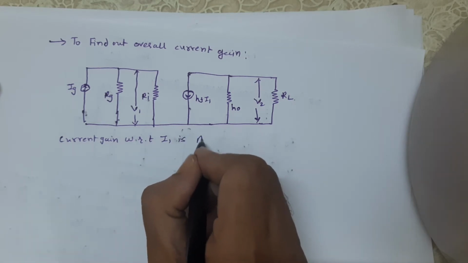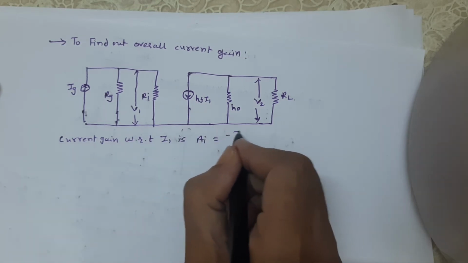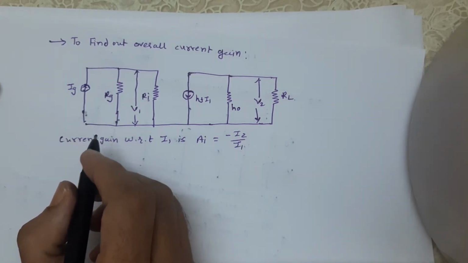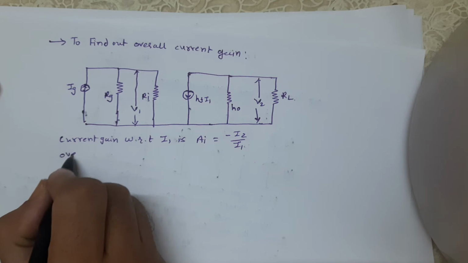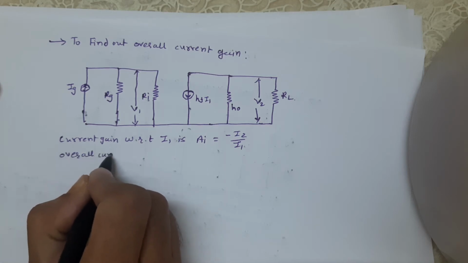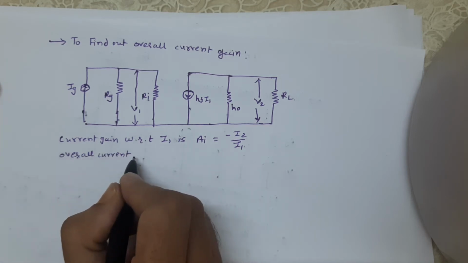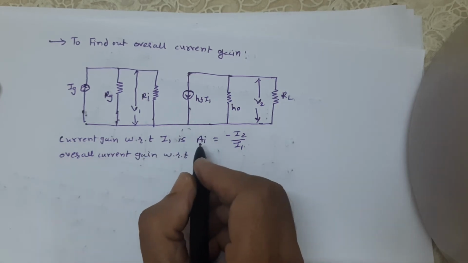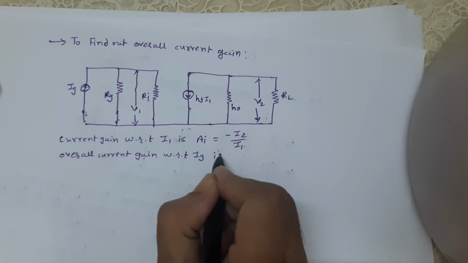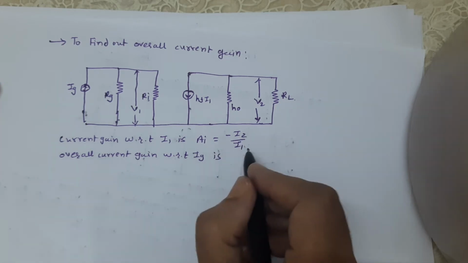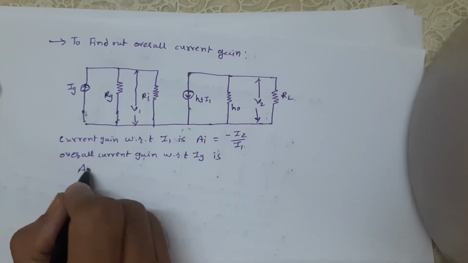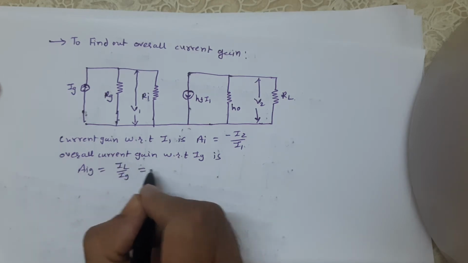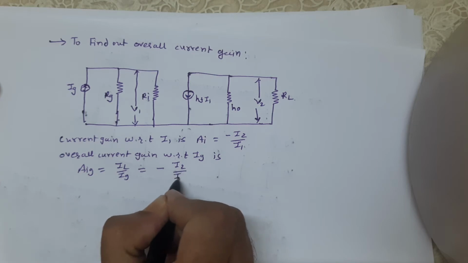Now the current gain with respect to I1 is AI is equal to minus I2 upon I1. Overall current gain with respect to IG, AIG, is equal to IL upon IG, that is equal to minus I2 upon IG.